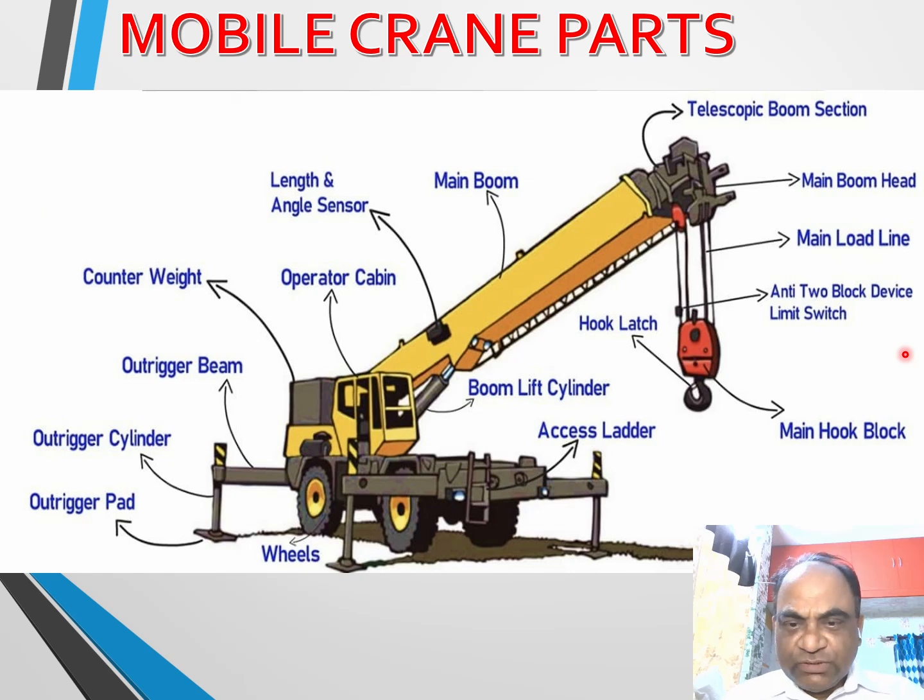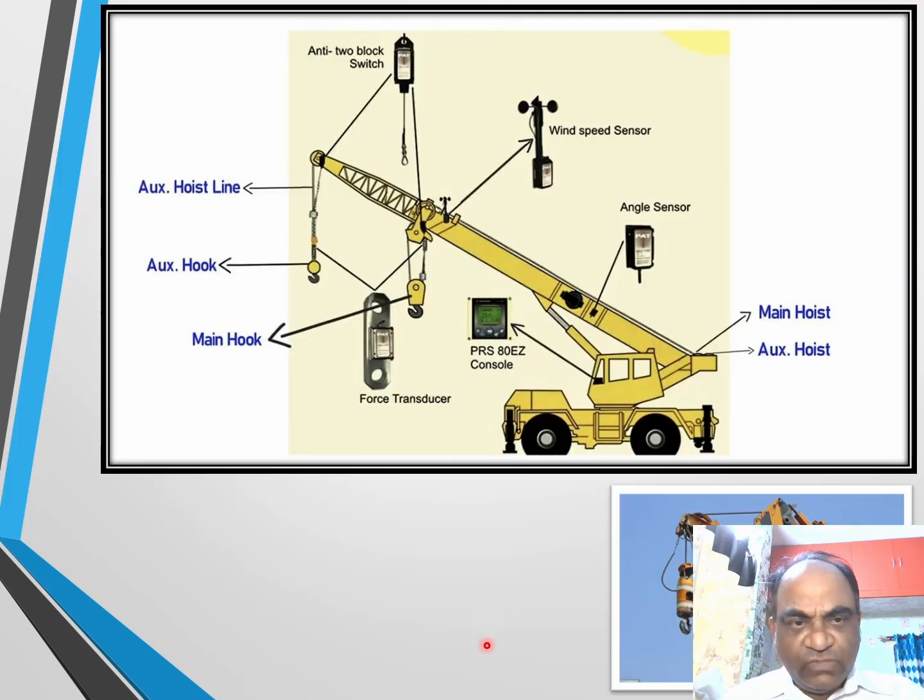So let's proceed. This is a ladder for climbing of the operator. Here a few more things have been shown. A wind sensor has been shown here, and angle sensor is also there on the main boom. It has got auxiliary hook and main hook basically, and force transducer is also there.